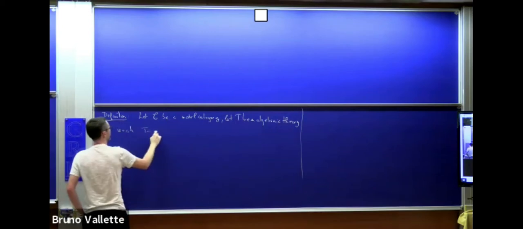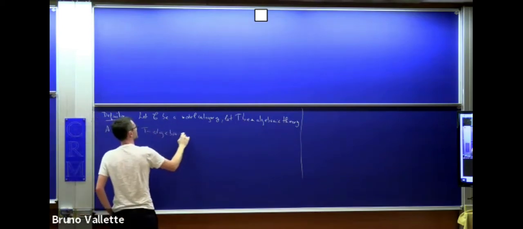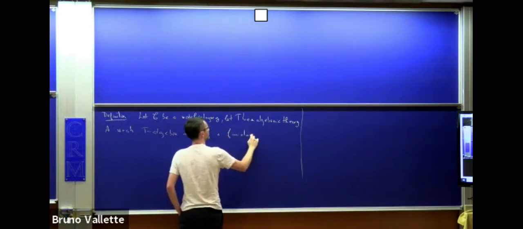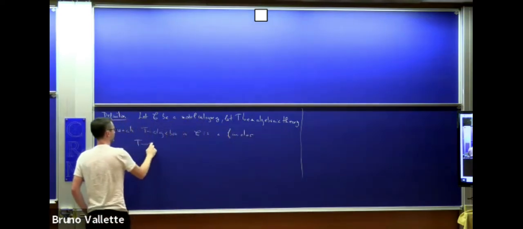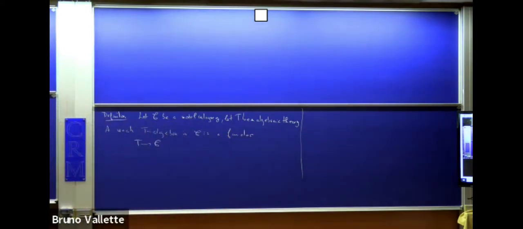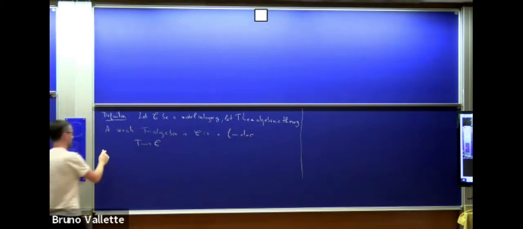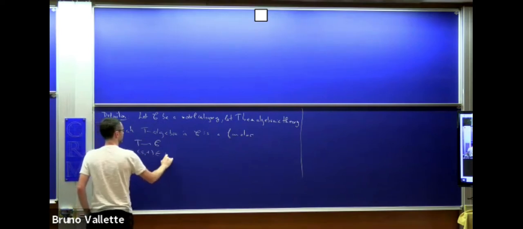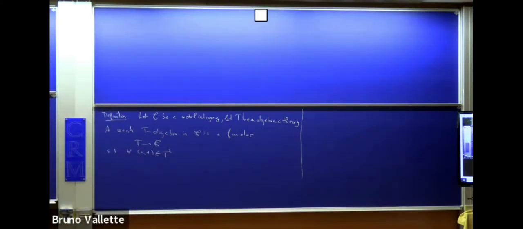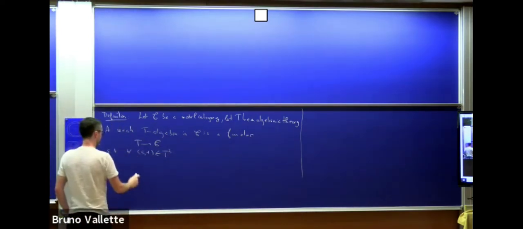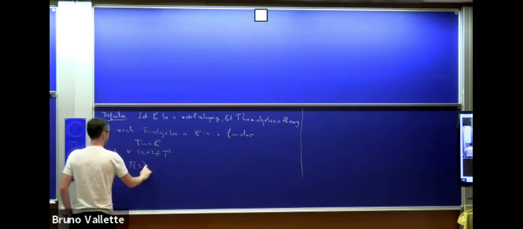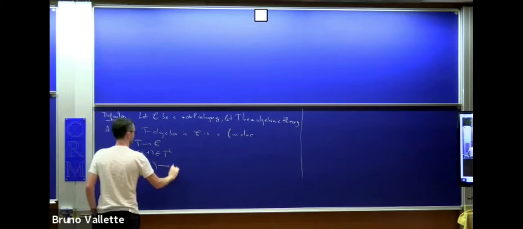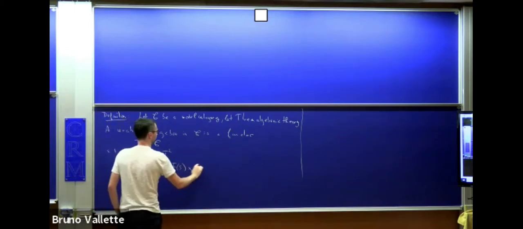A weak T algebra in C is a functor from T to C such that whenever you take two objects s and t in T, you get a map from f of s cross t to f of s cross f of t.